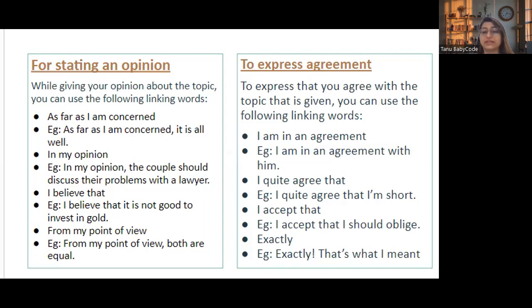Do not just learn them, but when you start applying them in your speaking, then it becomes effective. Next, to express agreement. Now you want to show that yes, you agree with the topic and then you want to speak about it. So what linking words you can use is I am in agreement. I quite agree that. I accept that. Exactly. So you will be using these connectors to express your agreement.